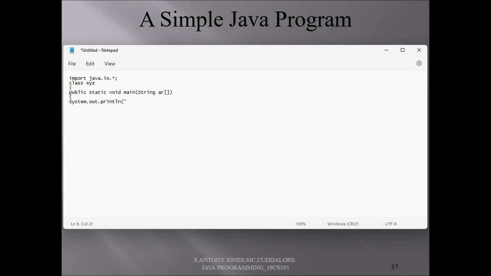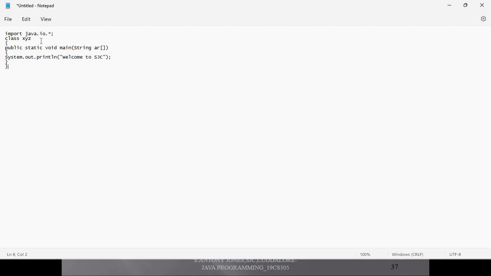We are just saying "Welcome to SJC" to be printed on my output. So this is the very simple basic function in Java for executing the basic code.